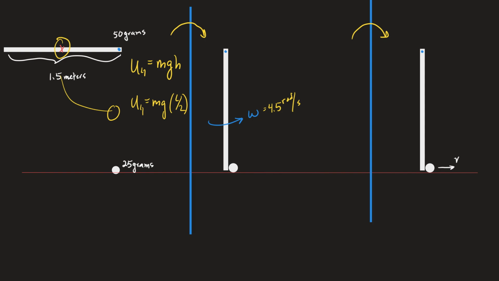No, but it has to have a fixed pivot point. So those two conditions have to be, for it to have translational kinetic energy, center of mass has to be moving and it can't have a fixed pivot point. So the reason this one doesn't have translational kinetic energy is because it has a fixed pivot point, and therefore it can only have rotational kinetic energy.